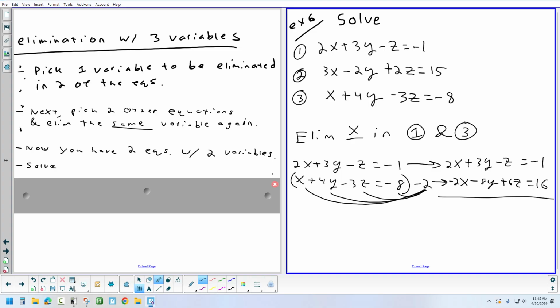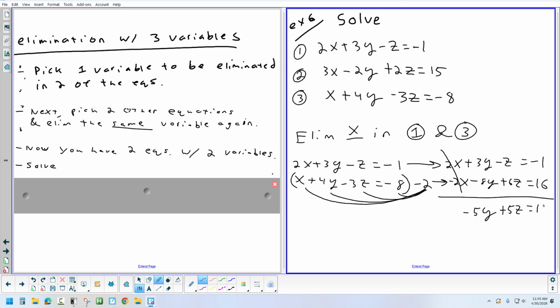Okay. So let's add them up. X's cancel. How about 3y minus 8y? -5y. Good. What's -z plus 6z? 5z. And -1 plus 16.